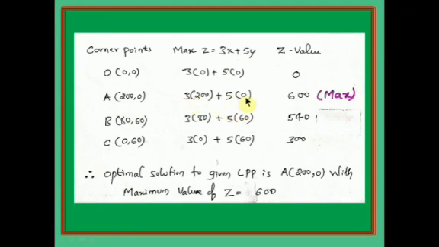X as well as y are both substituted over here. Once the y value has been substituted as 0, 5 multiplied by 0 is 0, and 3 multiplied by 2 is 6 and this 100, so that's 600. So totally 600.